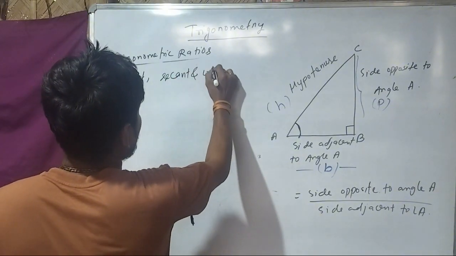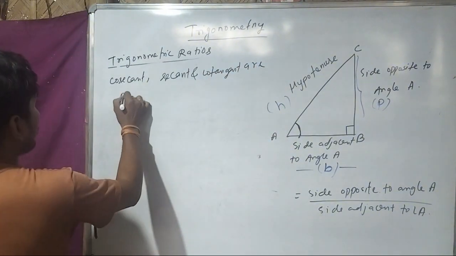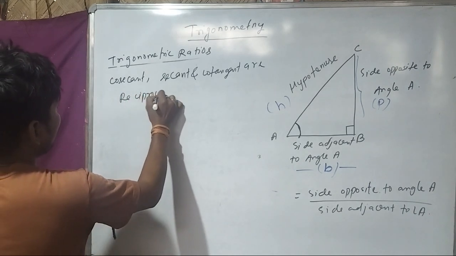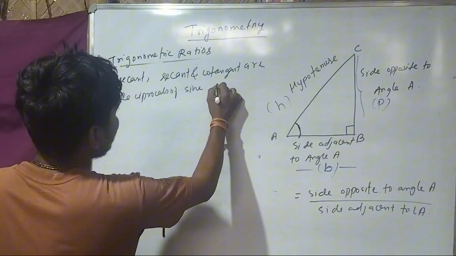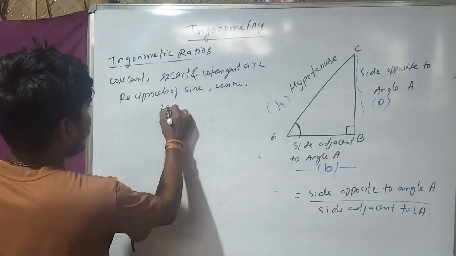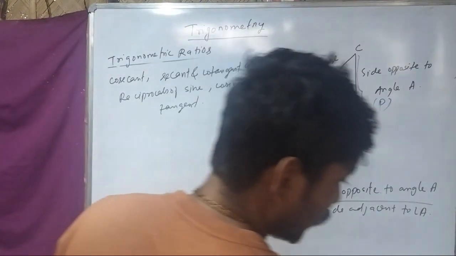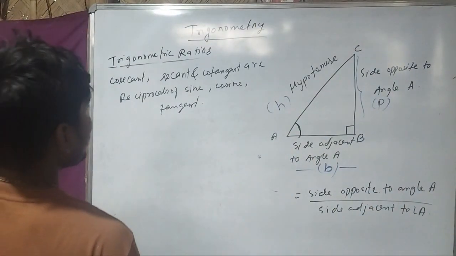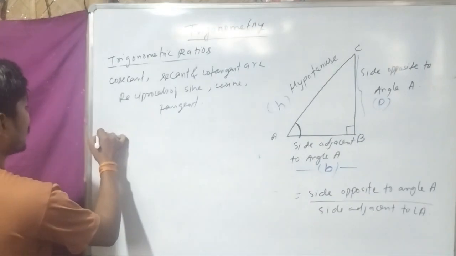Cosecant, secant and cotangent are the reciprocals of sine, cosine, and tangent. Now write cosecant.